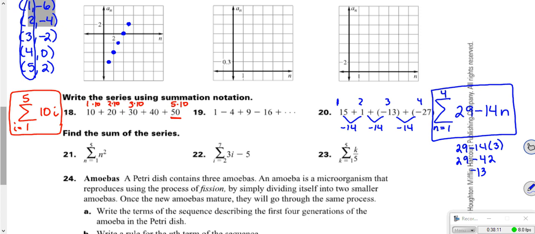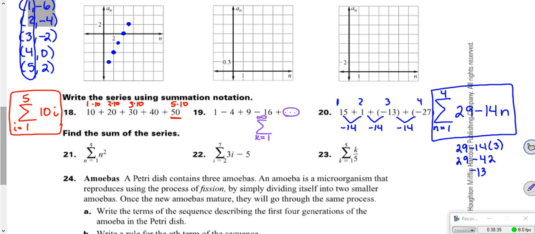I always test my rule on just one of the numbers in the series or sequence just to see if it works. Now remember the one in the middle, the one that I didn't do, that is an infinite series, so you're going to have infinity up here. If you used k or i or whatever, you're going to start at 1 and end at infinity, and then you've got to find the rule.